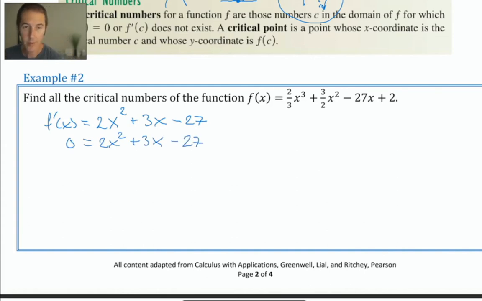And then we have to solve this. Let's see, 27 is made of all 3's, and the 2 is made of just a 2. So if I borrow a 3 from the 27, it turns into a 9. And if I give the 3 to the 2, it changes the 2 into a 6.